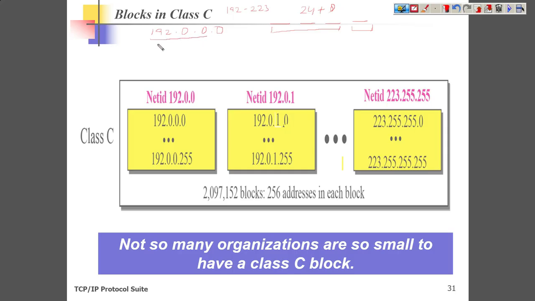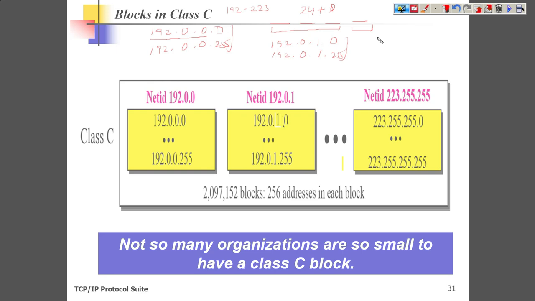The first address is this, and the last address is 192.0.0.255. Similarly, the second block will be 192.0.1.0 as the first address and 192.0.1.255 as the last, your second block in class C.